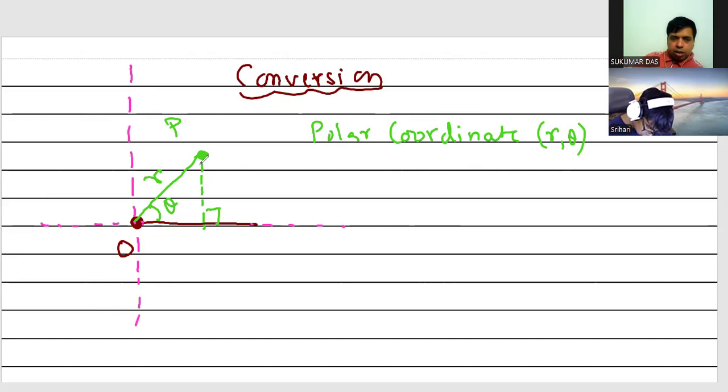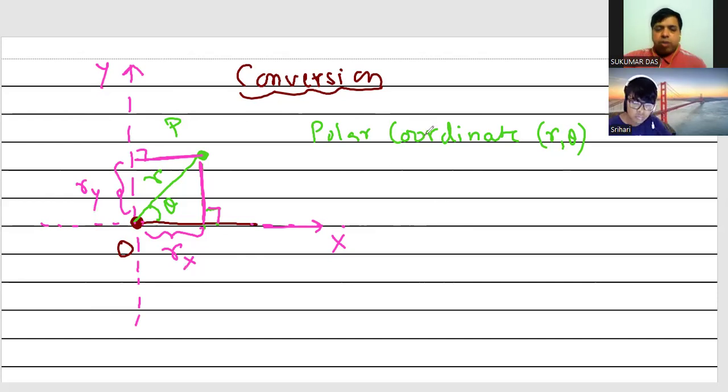Now, you drop one perpendicular line here and again one perpendicular line here. We know that this is the y-axis and this is the x-axis of our rectangular coordinate system. So this one is, let's say, Rx and this is Ry.